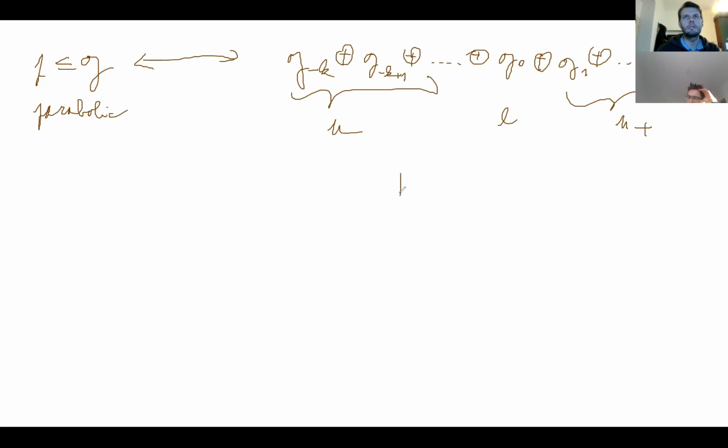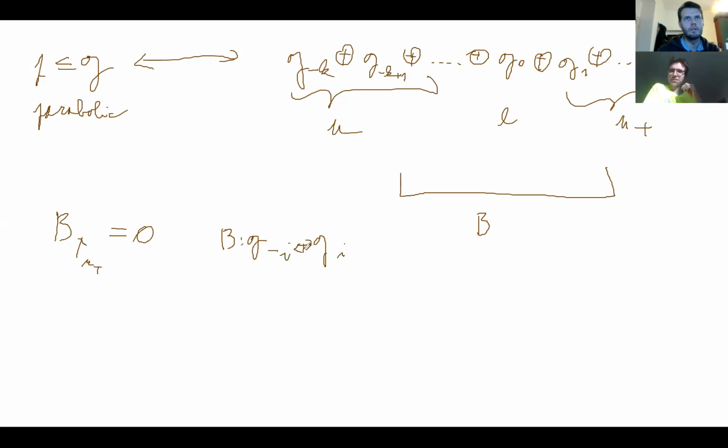And actually, the Killing form of G always works by non-degenerately pairing these things. So B restricted to U plus or U minus is identically 0, but it pairs non-degenerately minus i and i. So these nice decompositions also respect the Killing form.